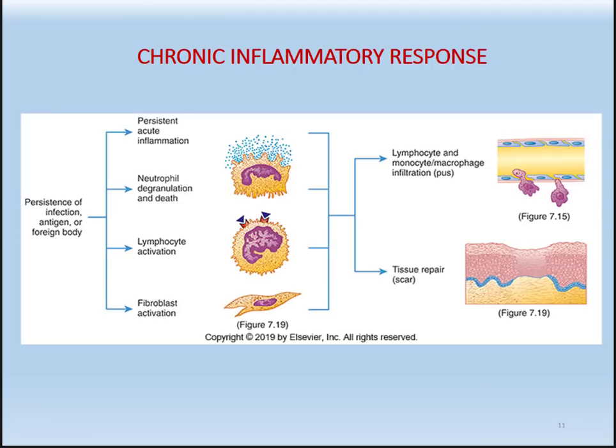Well, let's look at the chronic inflammatory response now. So superficially, the difference between acute and chronic inflammation is duration, and that's just looking at it superficially. And chronic inflammation generally happens once you've reached maybe the 2-week mark or longer, and it can last 2 weeks or longer as well, regardless of what the cause is.